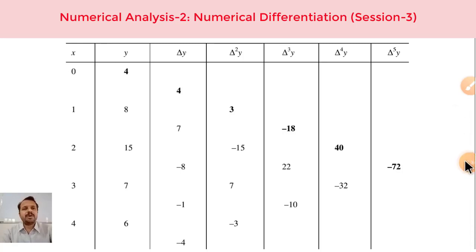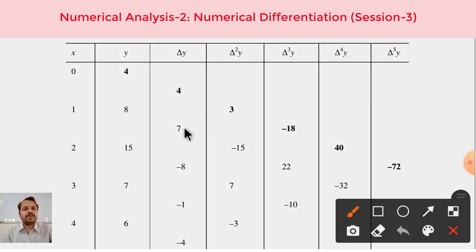To get the second order differences, we have to use the first order differences here. So here, this value minus the upper value, that gives 3, that is the first second order difference, just like delta square of f at x naught, so that is 3.